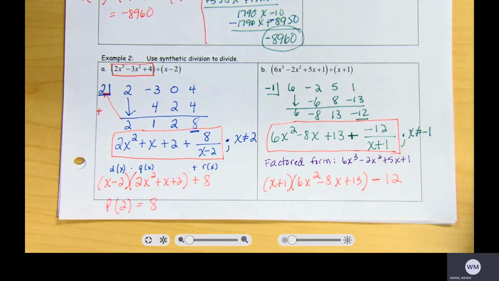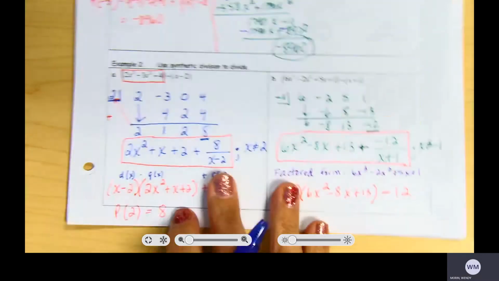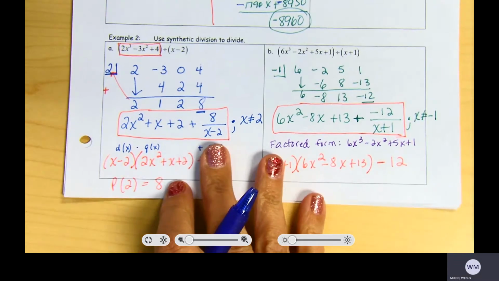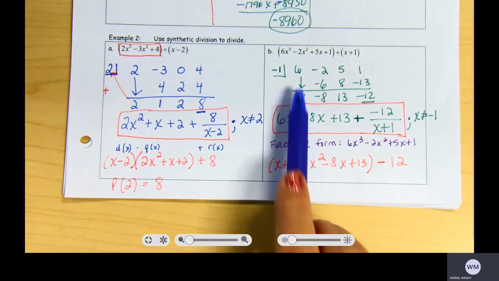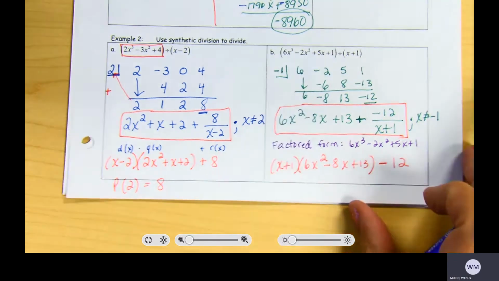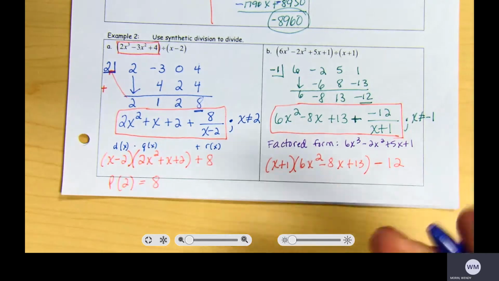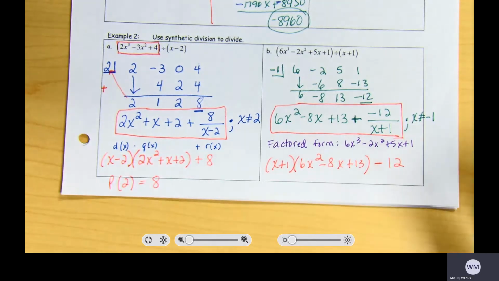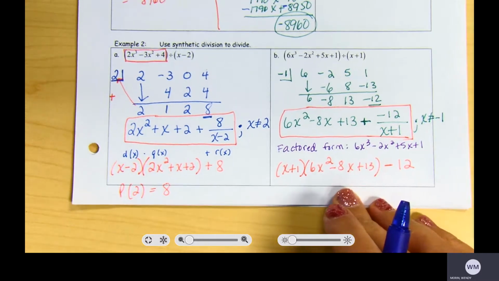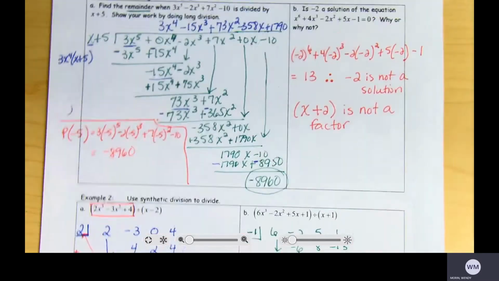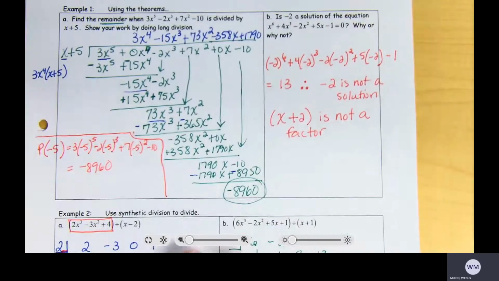Now, I also want to clarify the factor form of the original polynomial. They may ask you to put it, and I keep saying they, I'm talking about WebAssign, okay? WebAssign may ask you to put it in factor form. So when you are dividing, let's go back up here to example number 1.